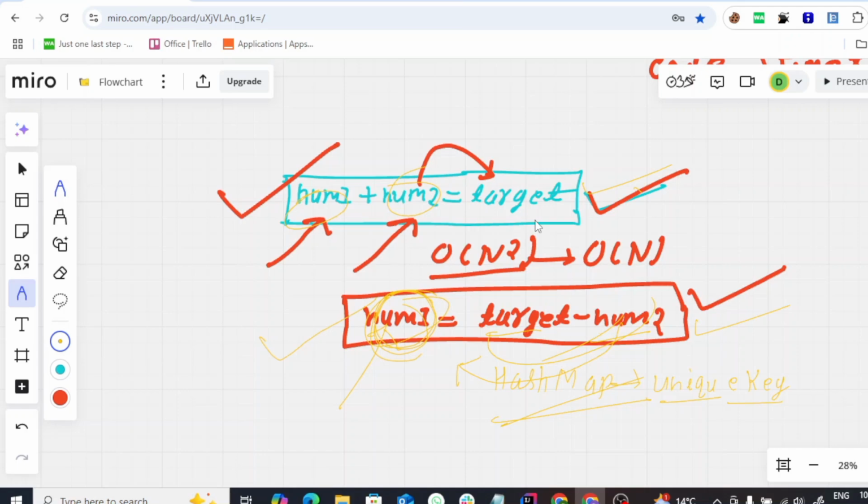You have to tell them why you are thinking about the hash map, what the intuition and logic is, and why you are not thinking about other data structures. You can tell them, sir, because I am just looking for one number at this moment, that's the reason I thought about the hash map, because a hash map stores a unique key at a time. So you have to explain your thought process like this for the optimal approach.